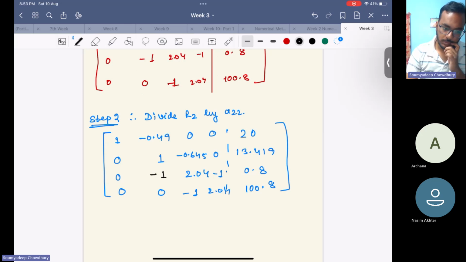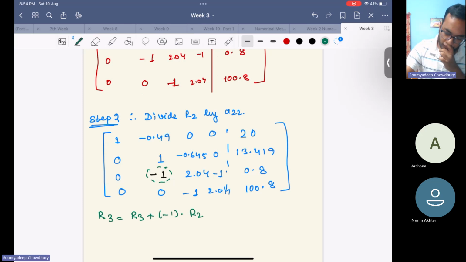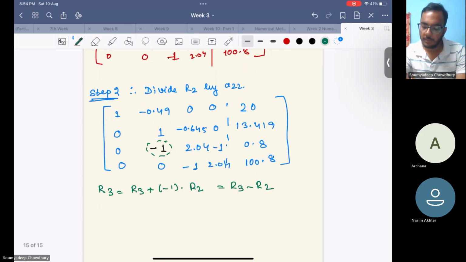Now, we have to make this element equal to 0. So R3 will be R3 plus minus 1 into R2. Sorry, R3 will be R3 plus R2.